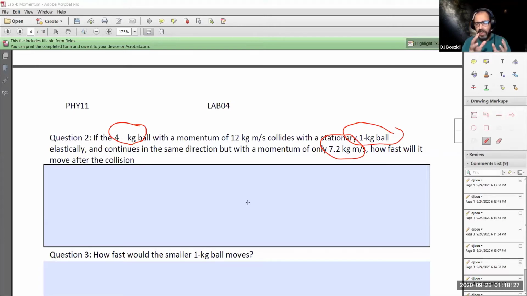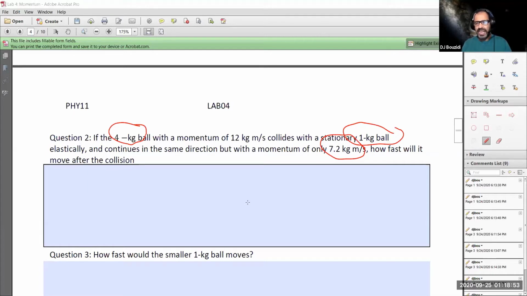Somehow, the big one ended up with only 7.2 kilogram meter per second, moving at 1.8 meter per second. Then the smaller one, the 1 kilogram, must have taken the difference between 12 and 7.2, which is 4.8 kilogram meter per second. That's the momentum of the smaller ball. Like Amanda has done, divided by the 1 kilogram, you end up with 4.8 meter per second.